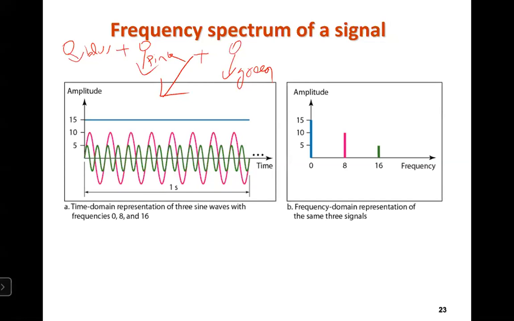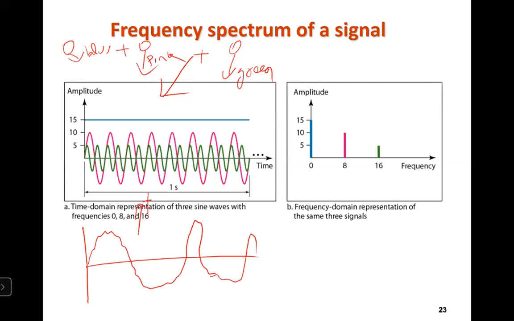So when they are combined, the signal will be something like this. So this signal is having these 3 components, and that is represented in frequency domain using this figure.